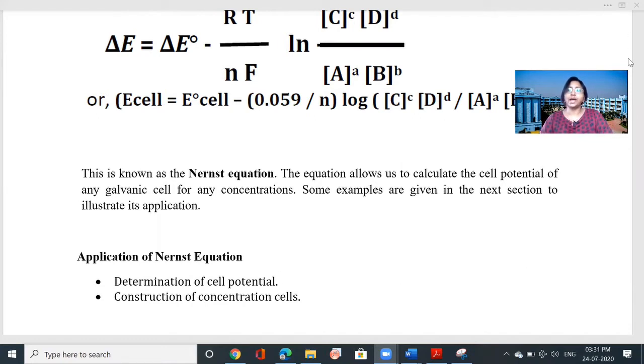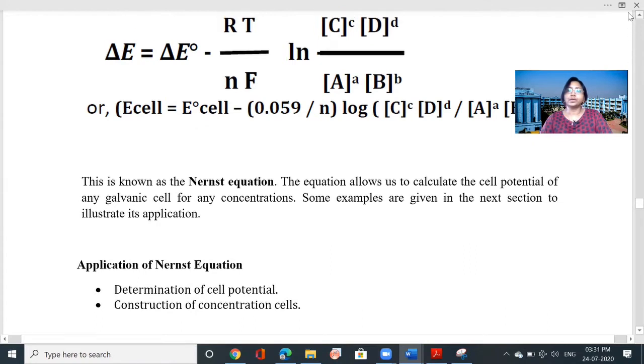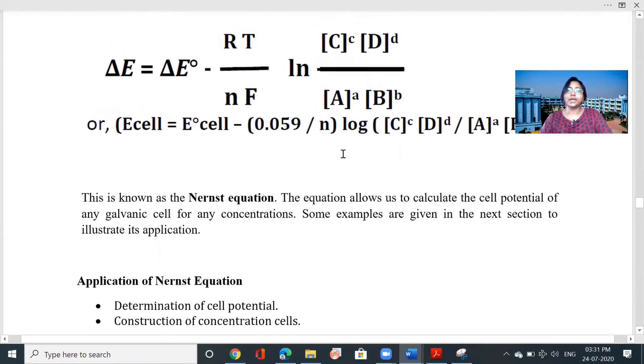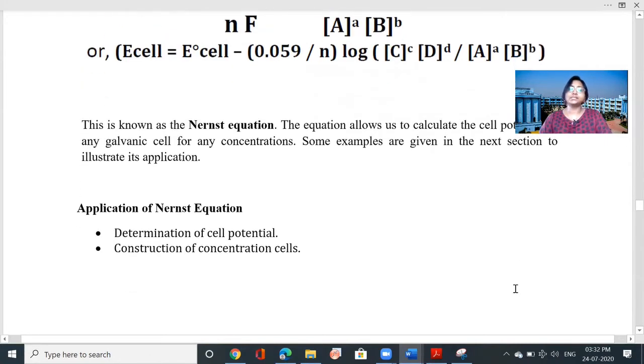If we write the concentration, then from the Nernst equation we can calculate the cell potential. Some examples are given below. What is the application of the Nernst equation? The application is determination of cell potential.